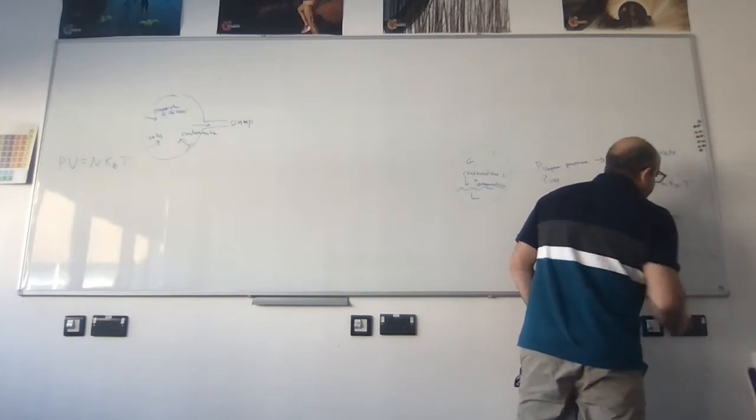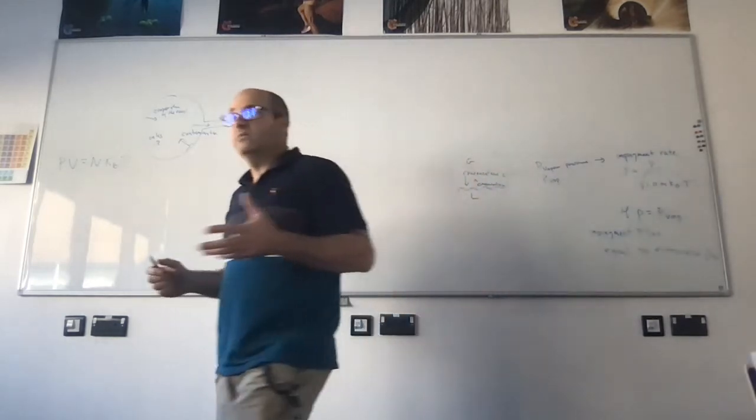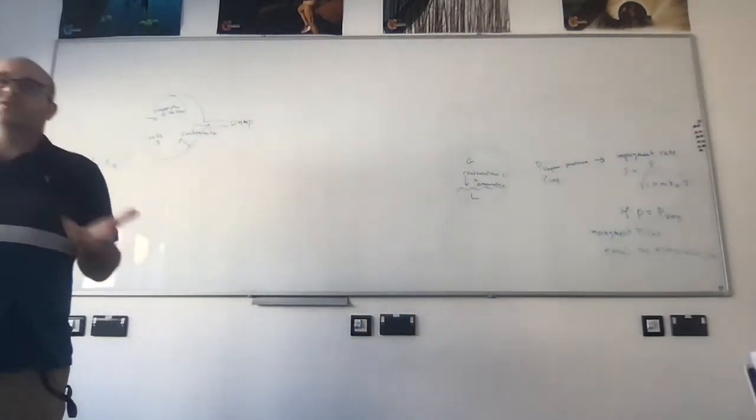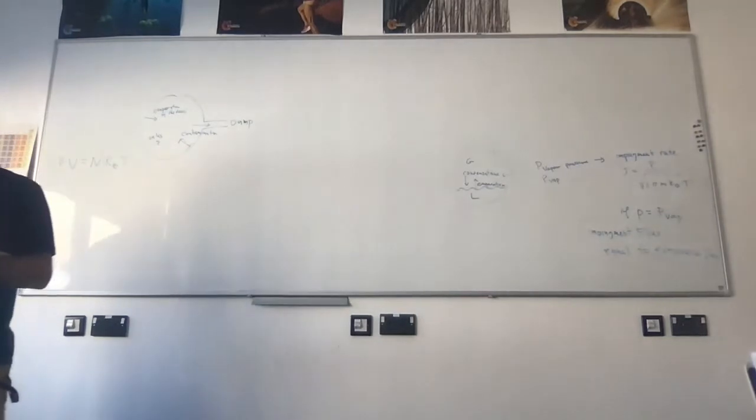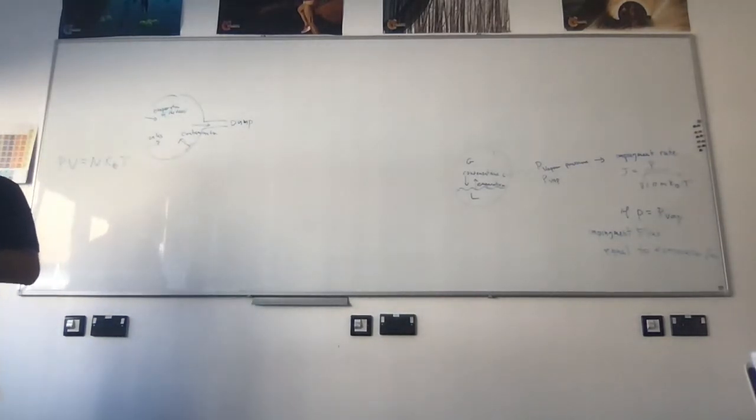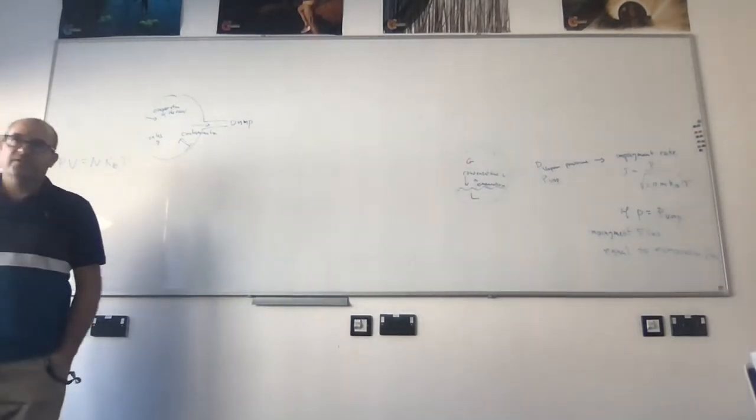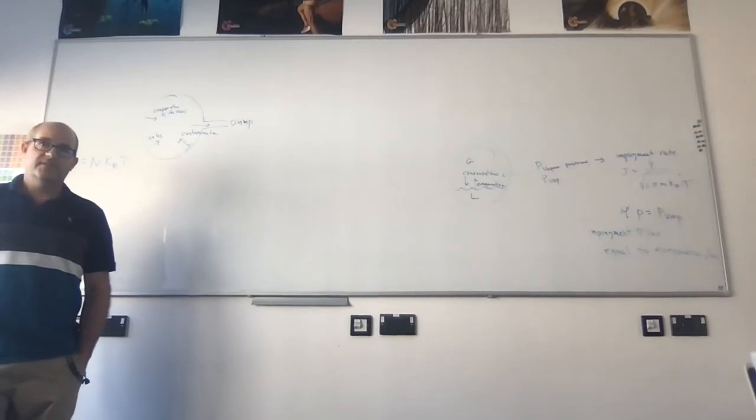I'm writing flux to not be bothered with the area. It's an expression which you can then multiply by area and get the actual number of molecules per second, but I don't care. It's the same area which is evaporating, the same area which is receiving the molecules. So I don't really care. Does that make sense?